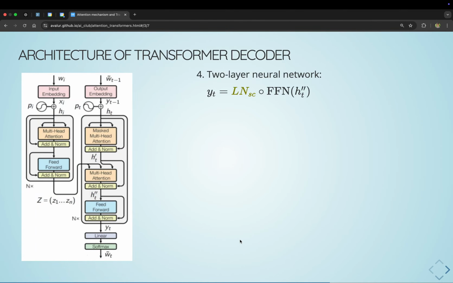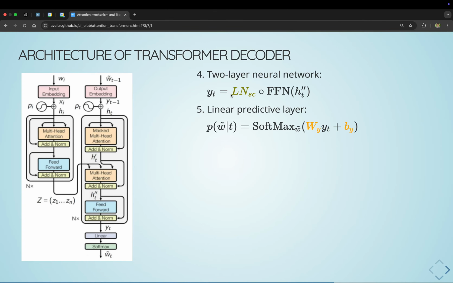So, next, after H double prime, we perform the same operation as in the encoder, which is the feed-forward network, or two fully connected linear layers inside the transformer decoder.